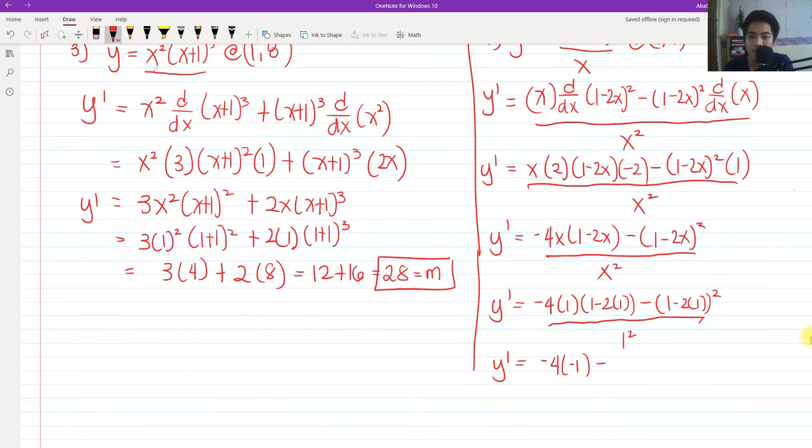But we have a minus here, so this becomes negative 1. So 4 times negative 1 becomes 4, minus 1, that would be 3. And this would be our slope for the given problem.